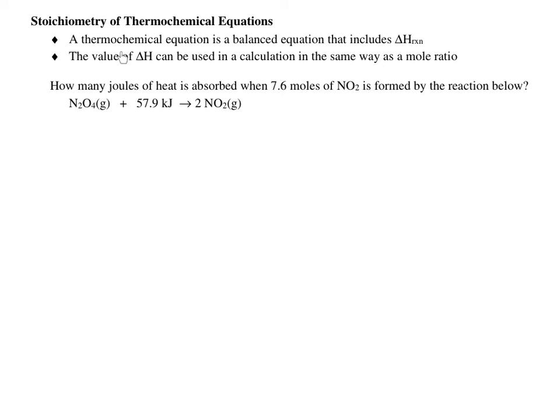For example, in this case, we see that every mole of N2O4, when it reacts, is going to absorb 57.9 kilojoules and produce 2 moles of NO2. So when we look at this problem, we want to find out how much heat is absorbed when 7.6 moles of NO2 is formed.